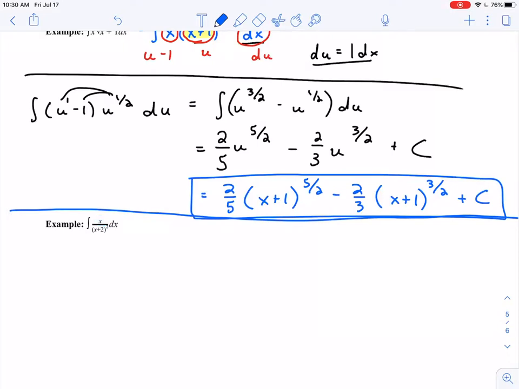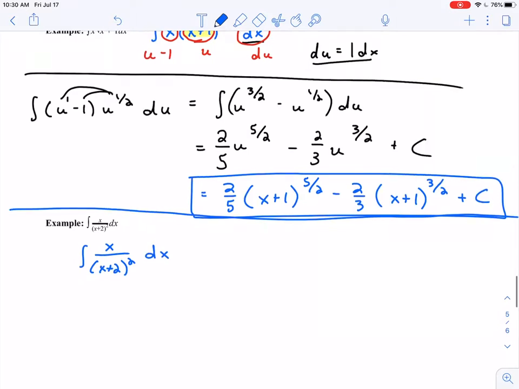Actually, let me rewrite it here so it's a little bit bigger. x over (x plus 2) quantity squared dx. We said we don't want to just take x as our u because that won't actually make my problem any easier. It's not going to solve any of the problems that I have here. So really the only other choice I have is x plus 2. I'm going to take u equal to x plus 2.